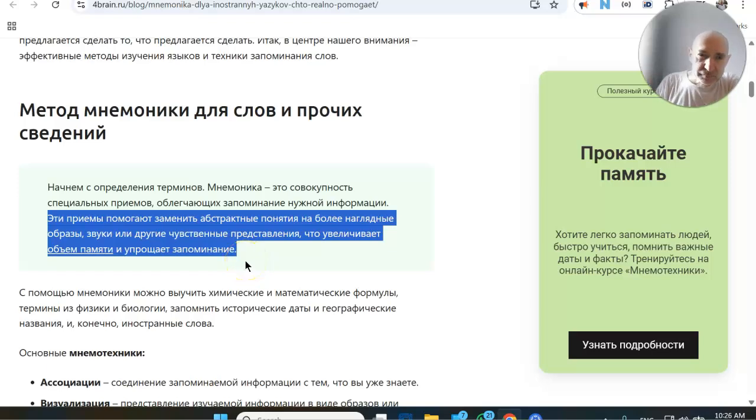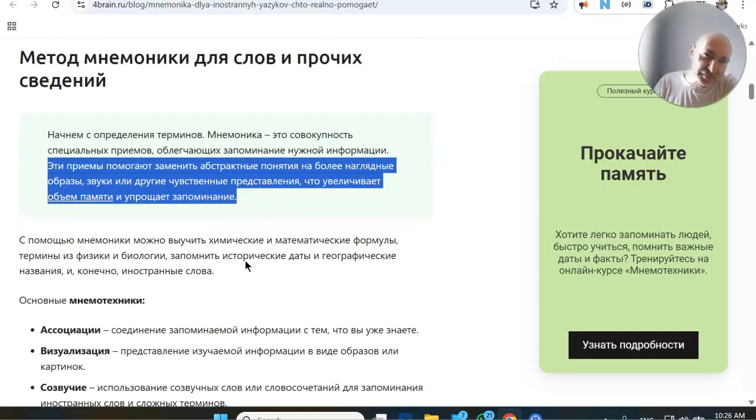Those methods help replace abstract concepts with the more tangible images, sounds, and other sensory images, which increases the capacity of memory and simplifies remembering. You see? That becomes easy, and that's advanced Russian, real Russian, non-simplified.